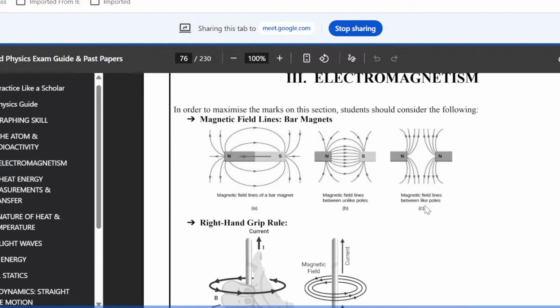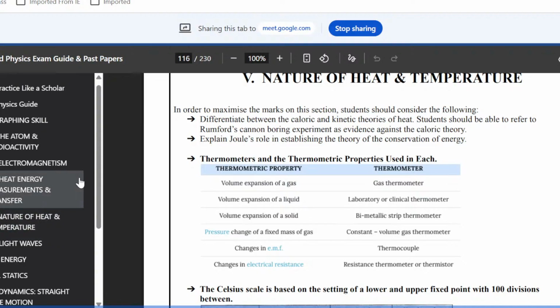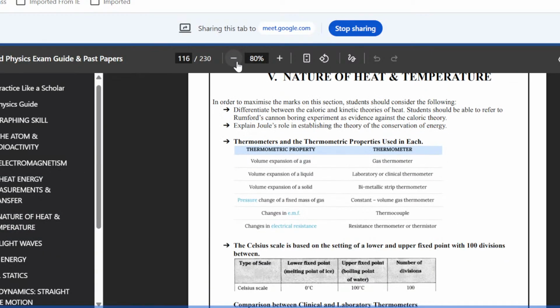So I don't think we should have any problems with that. One thing I would say, don't ignore the thermometer stuff. So in terms of knowing what the upper fixed point is, knowing what the lower fixed points are, the different types of thermometers.